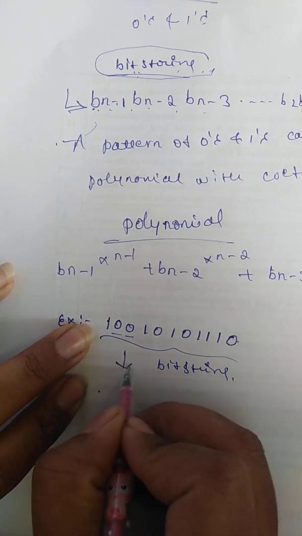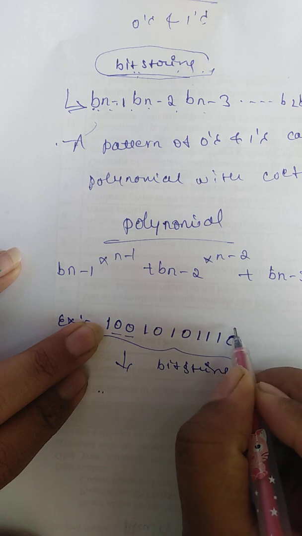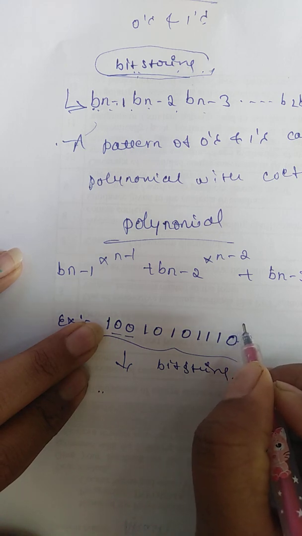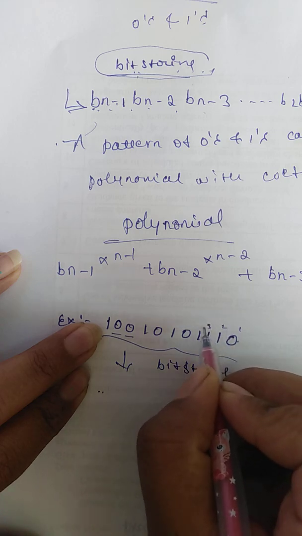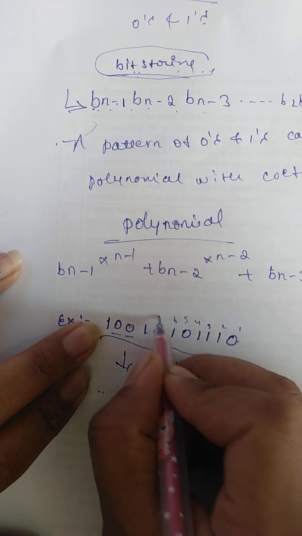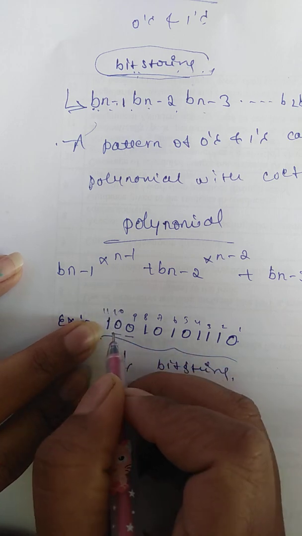Here I will write one example. Here are the positions, 1 2 3 4 5 6 7 8 9 10 11.